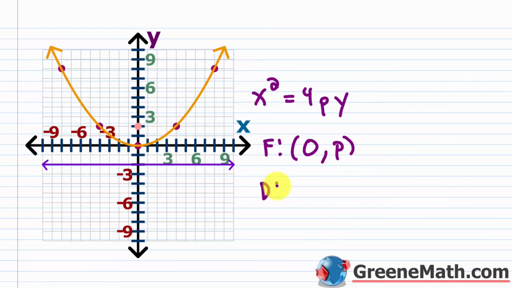The directrix is going to be y equals negative p. Again, you can think about this as the example. This is 0, 2, and this line here is y equals negative 2, okay? So this is always going to set up this way again and again. This is going to be the case where you have a vertical parabola and the vertex is at 0, 0. If your p ends up being negative, this guy's going to be upside down, okay?